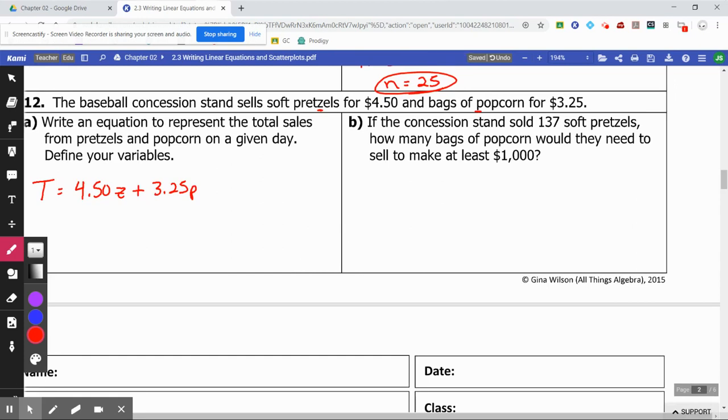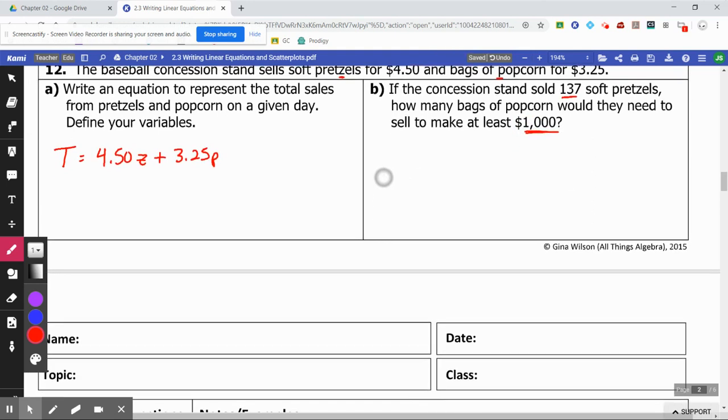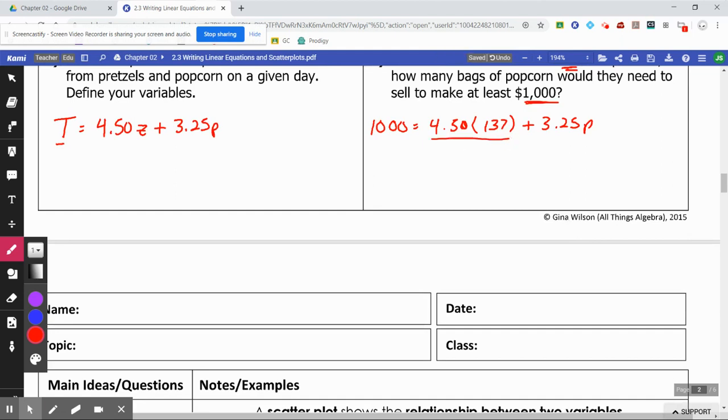If this concession stand sold 137 pretzels, how many bags of popcorn does it need to make $1,000? So the total sales would be $1,000. We sold 137 pretzels, so we're going to do $4.50 times the 137 pretzels. Plus, we want to know how many bags of popcorn we would need to sell in order to get that $1,000. So the first thing, we've got to multiply this together.